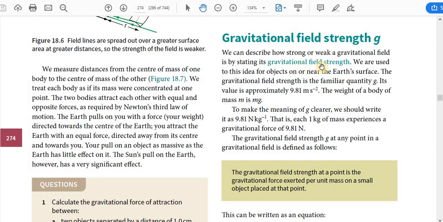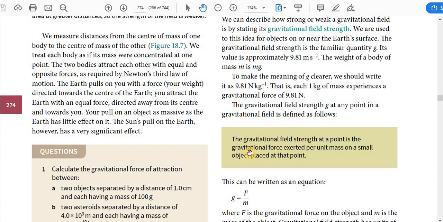Okay, gravitational field strength. Again, you can see this is in green bold letters. In the beginning, we went to the glossary and we went through the meaning of this word. Over here, what is more important is what is in this green box. Now, based on what is given in the glossary and based on what is given here, you can put the two together and give the definition.